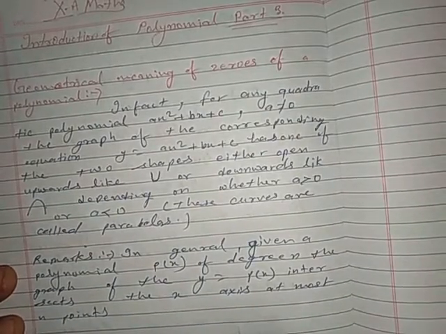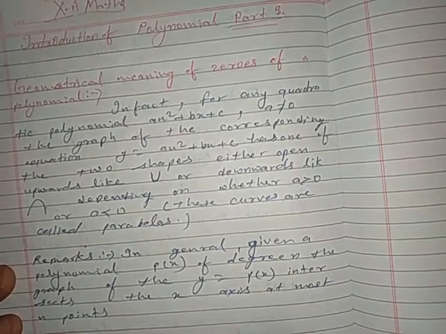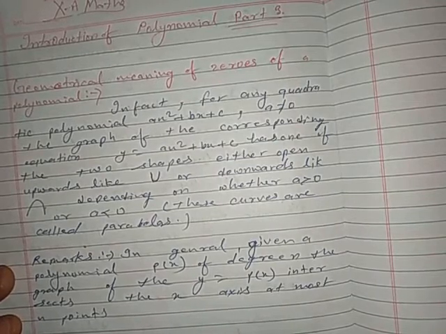Therefore, a polynomial p(x) of degree n has at the most n zeros.